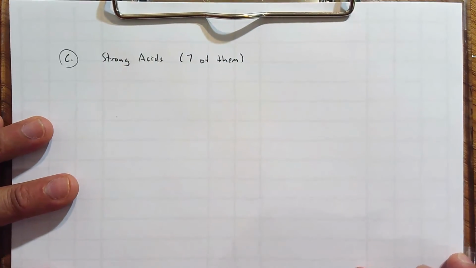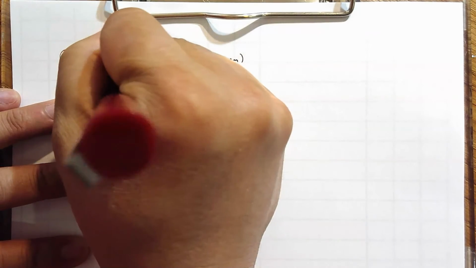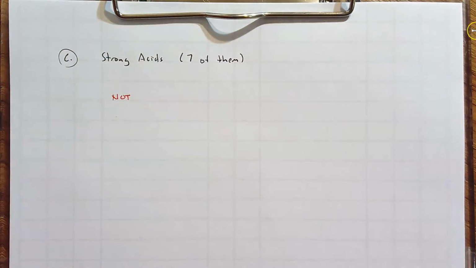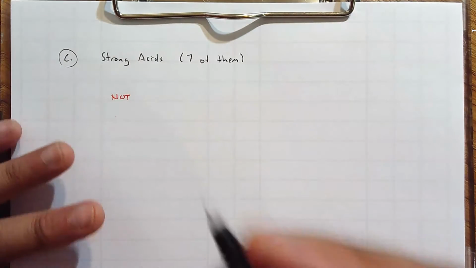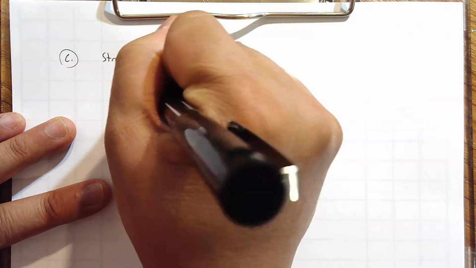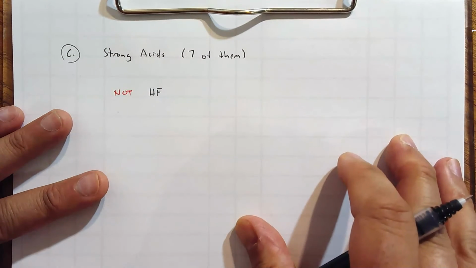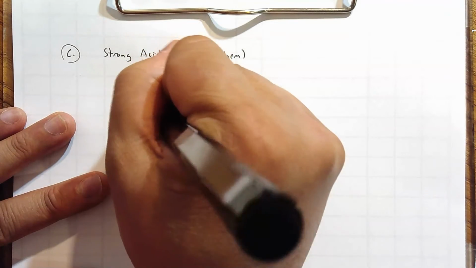The first one is not a strong acid, so I'm going to put it here, but I want to put it down because in comparison, its analogs are strong acids. You'll see what I mean in just a minute. HF, hydrofluoric acid, is not a strong acid, but HCl is.